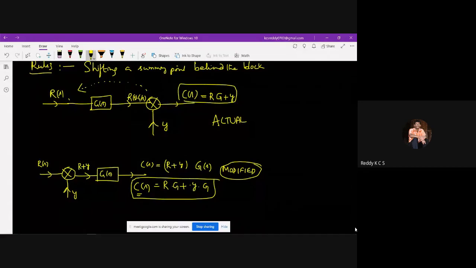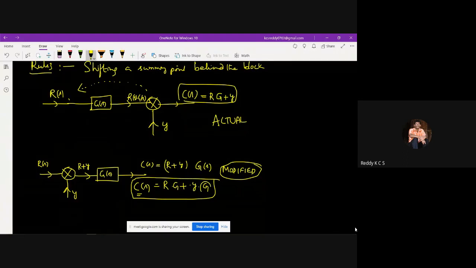When I shift the summing point, as I said before, it should not affect the output. Here y gets multiplied by g, which should not be present in the output. So if I multiply with 1 by g, this g and this g will cancel out, and I'll get r into g plus y.